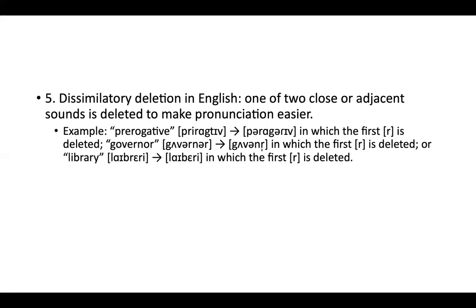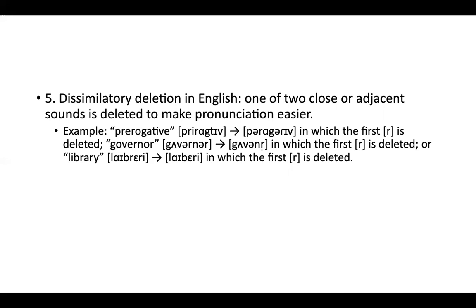A fifth phonological rule is called dissimilatory deletion in English. This rule says one of two close or adjacent sounds is deleted to make pronunciation easier. This happens a lot with the retroflex liquid sound because it's harder to make.